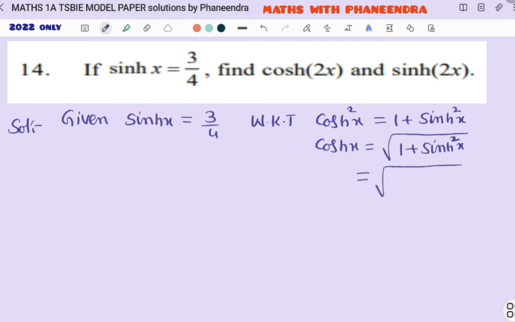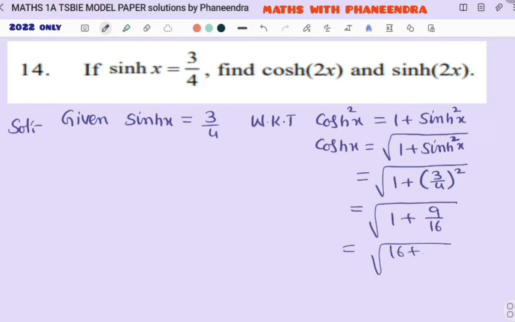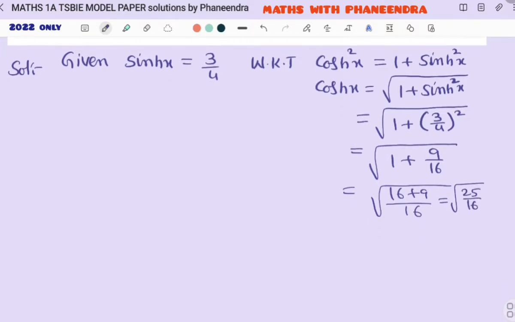So, square root of 1 plus 3 by 4 whole square, square root of 1 plus 9 by 16, square root of 16 plus 9 divided by 16, root of 25 by 16, which is equal to 5 by 4.